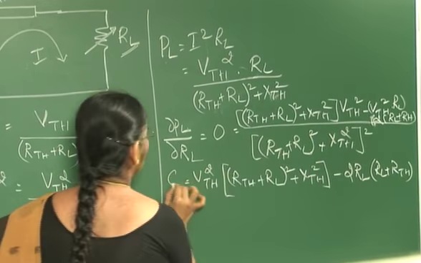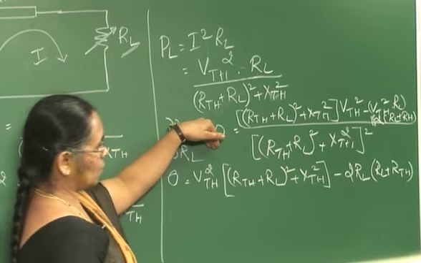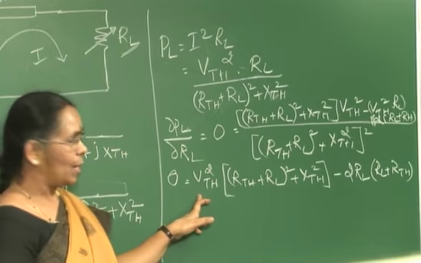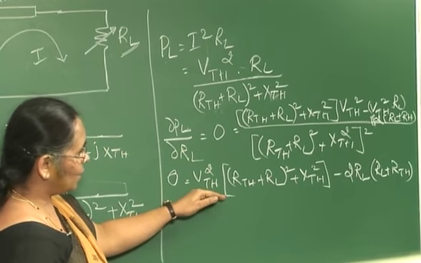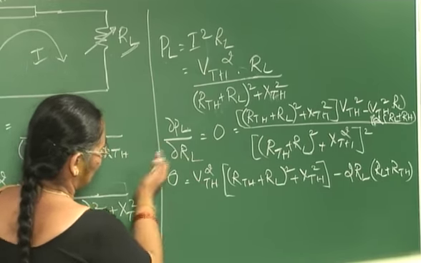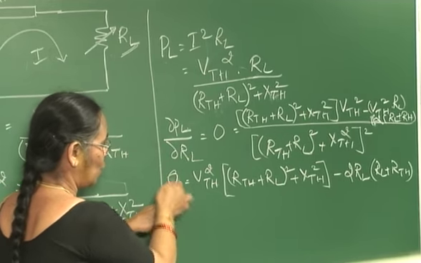minus, V Thevenin square already being taken out, 2 RL multiplied with (RL plus R Thevenin), and that must be equal to 0, because if you cross multiply, that part becomes 0. V Thevenin square will also cancel, because you are dividing 0 by V Thevenin square.